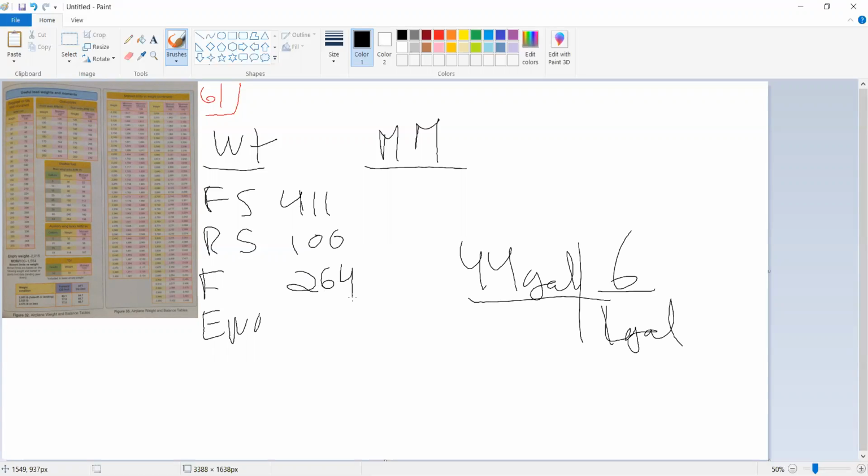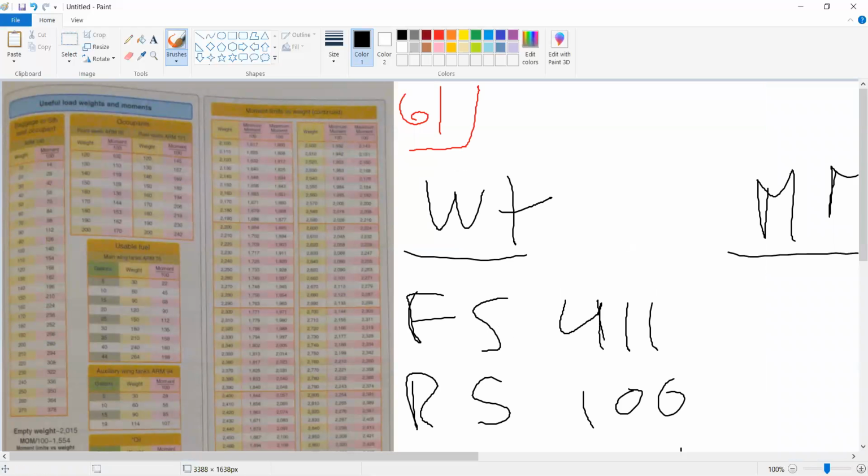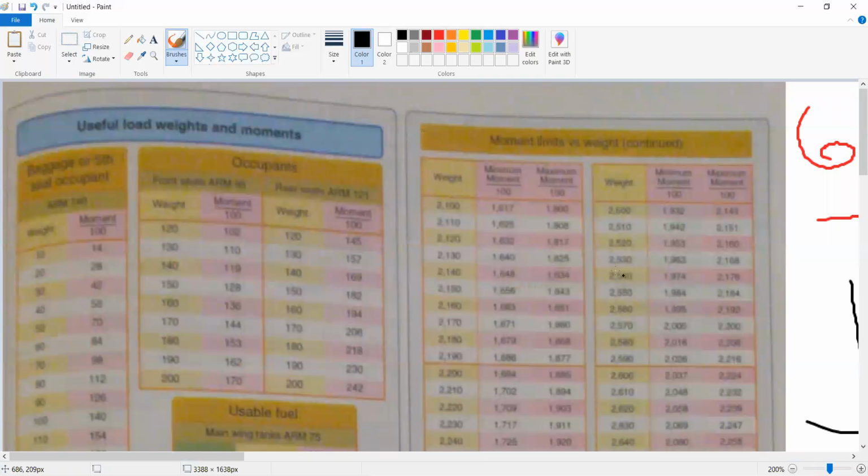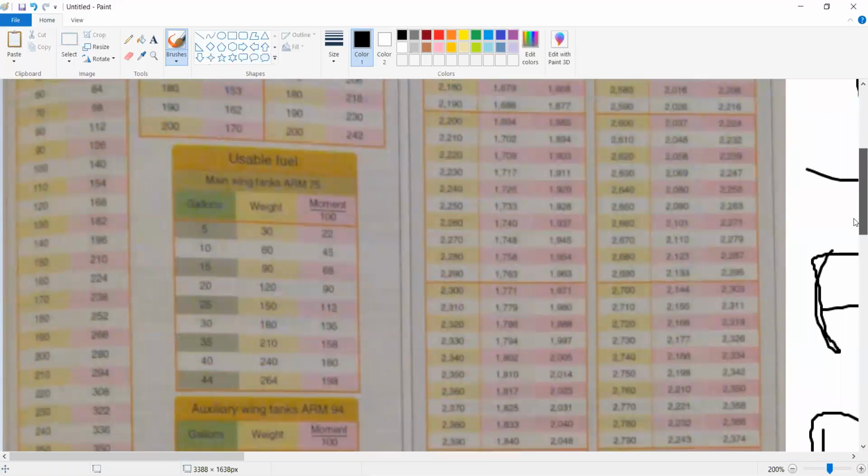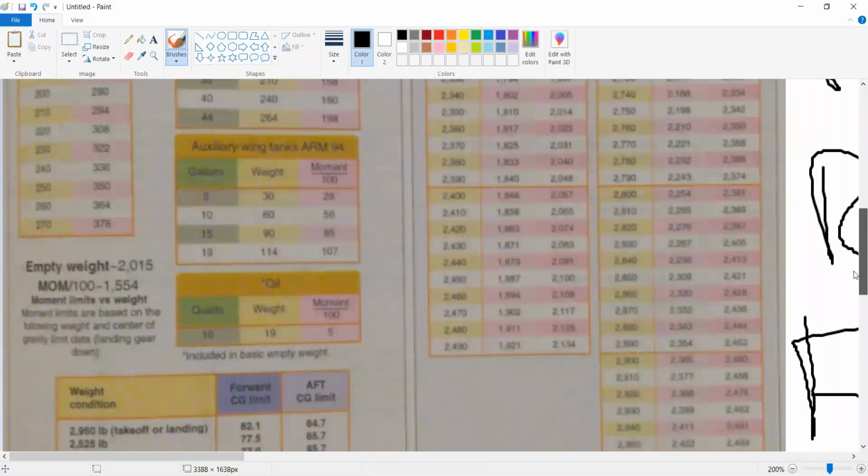And the empty weight, is that given here in our chart? Let's see where we can find that. Let's magnify this and magnify it some more. Okay, empty weight, empty weight. Oh, here we go. Empty weight, it's right here. 2015. All right, so that's great.